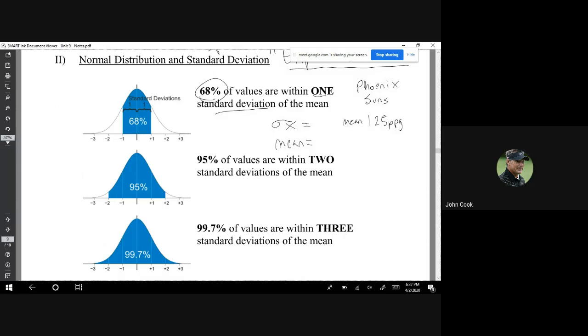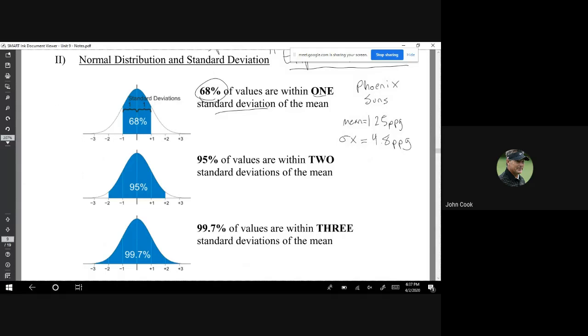And let's say that the standard deviation that you calculate from taking all the games and using the standard deviation formula is, I don't know, maybe 4.8 points per game. Okay, so you have a standard deviation equal to 4.8 points per game.